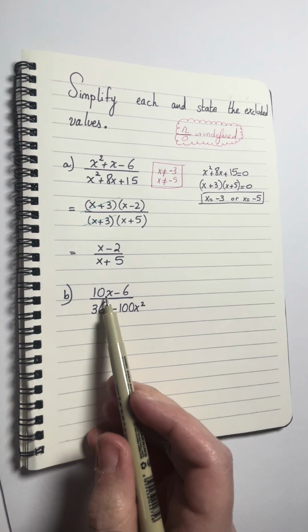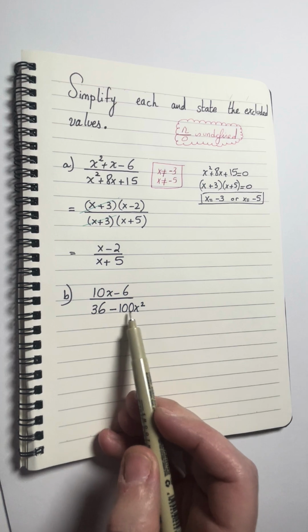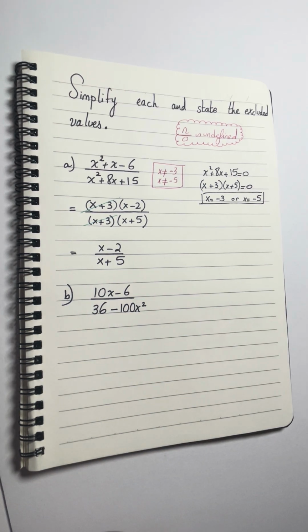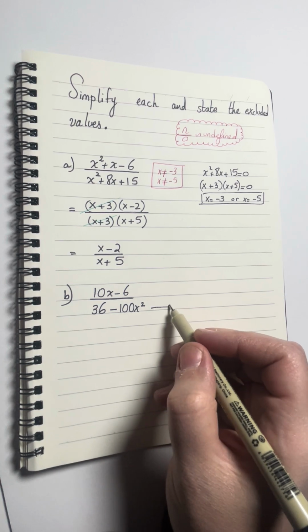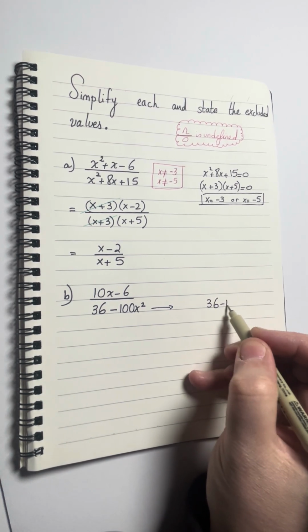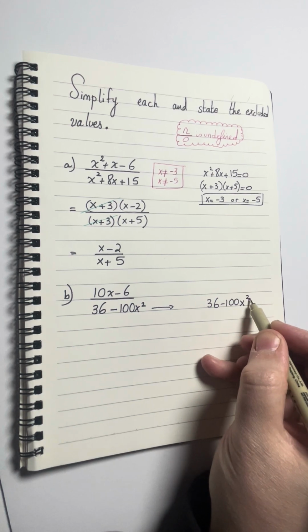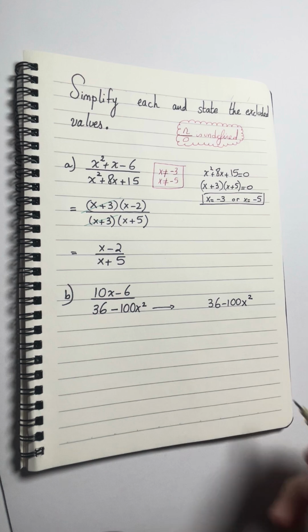Part B, we have 10x minus 6 divided by 36 minus 100x squared. To find the excluded values, we will equate the denominator to 0. So 36 minus 100x squared is similar to the identity a squared minus b squared.